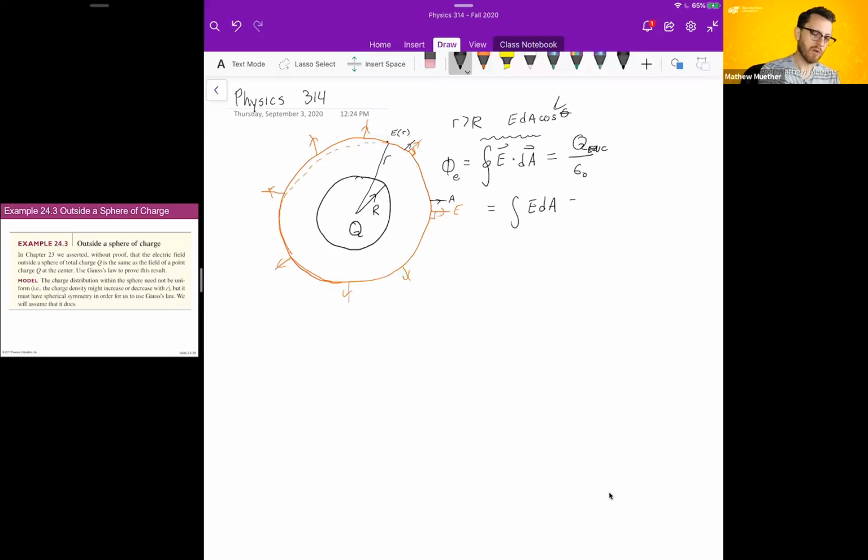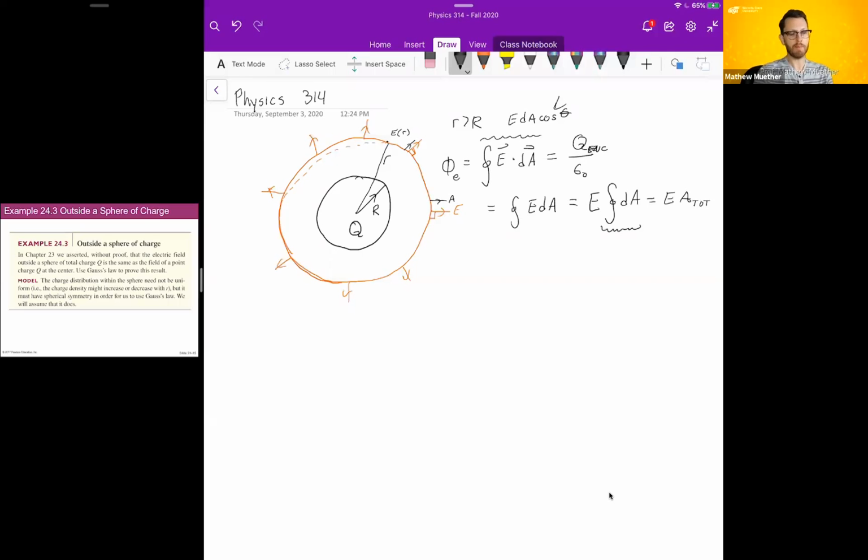Furthermore, I know that the electric field at that radius little r, because it's also following spherical symmetry, is going to be constant, and so I can pull that outside of the integral. I just have one electric field magnitude over the entirety of my Gaussian surface. And so the integral over all my little surface contributions is just going to give me the total area of my Gaussian surface.